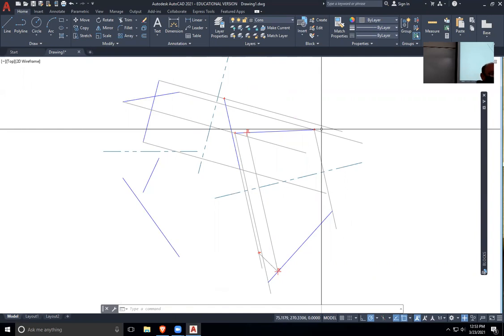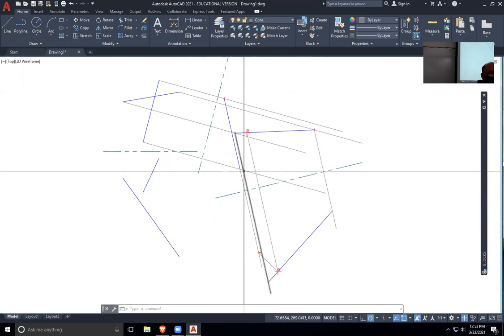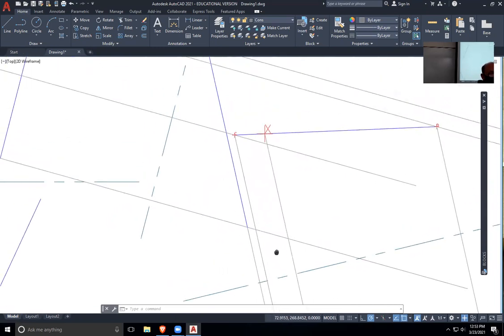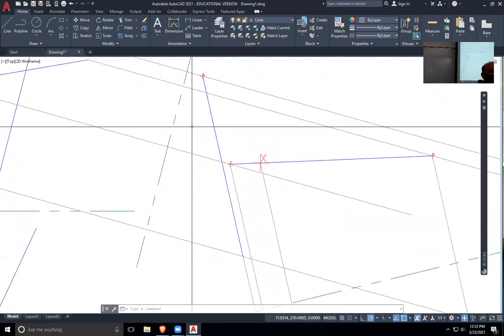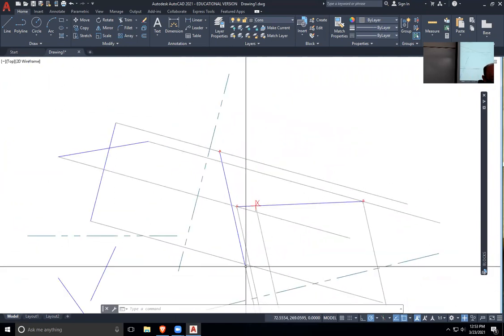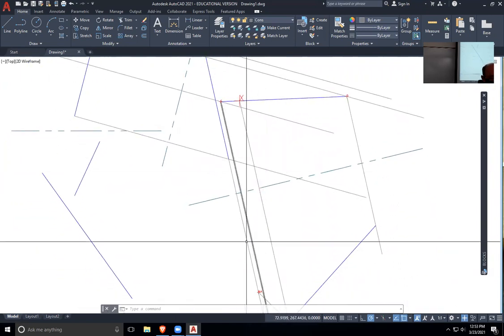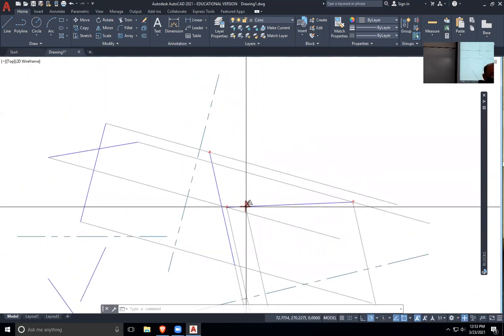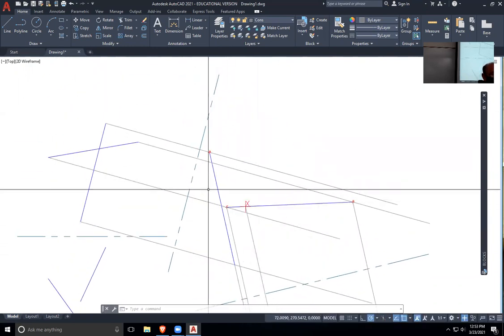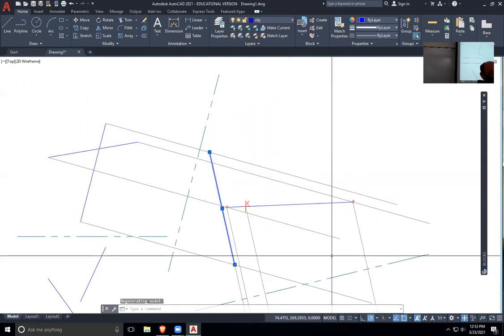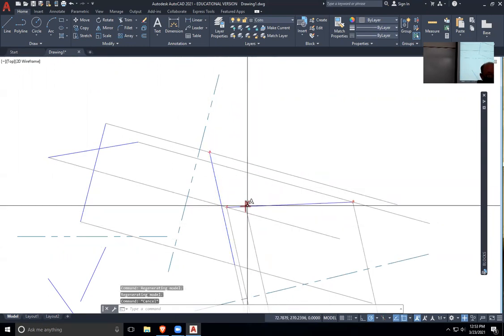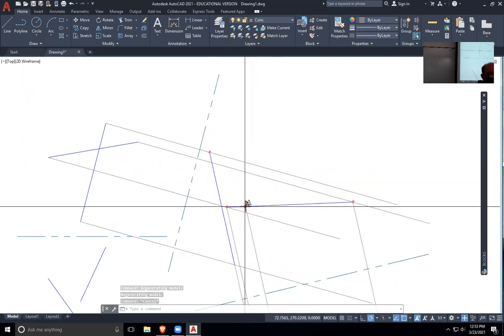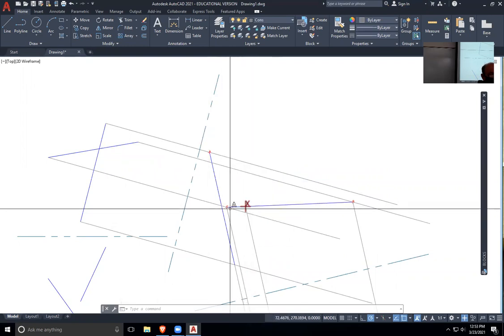So there's the point on there. At this point, I hate to use the word point that many times, but here's line AB, and I moved B over there. If I draw a line perpendicular, this line's in true length. Here's point X, and we want a perpendicular distance from that point to there.